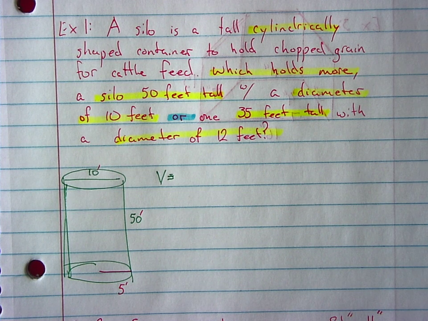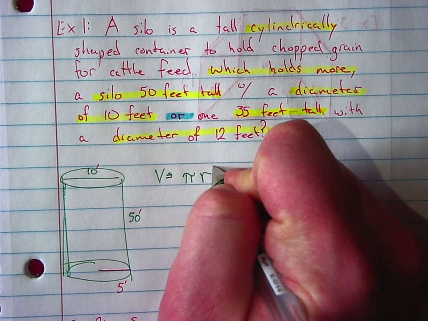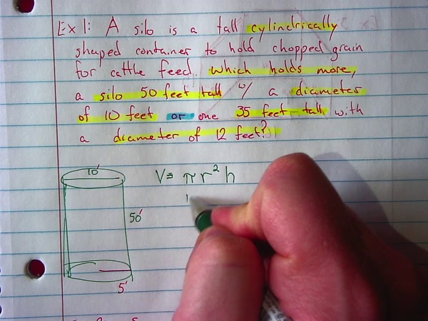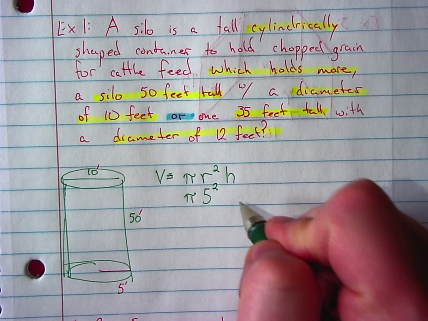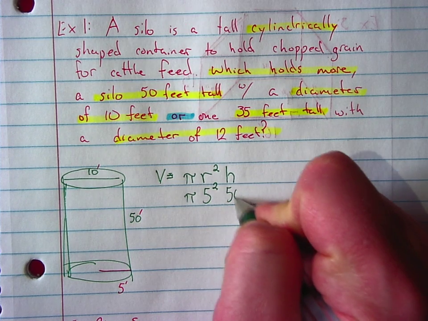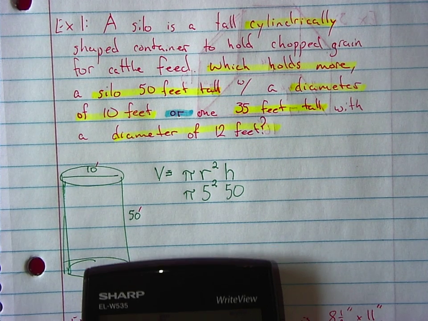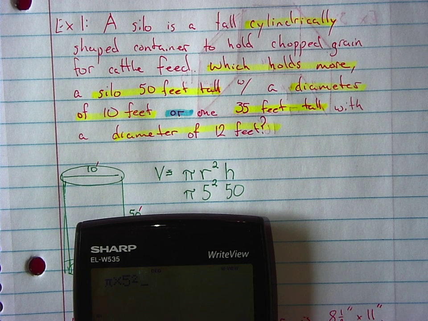We have some choices, but I'm going to go right to volume is equal to pi r squared h. Pi is pi, r is 5. We're not using the 10 directly. The height is 50. I type it in: pi times 25 times 50.